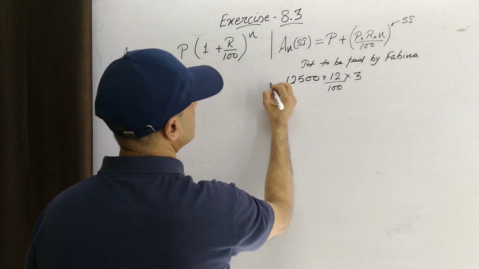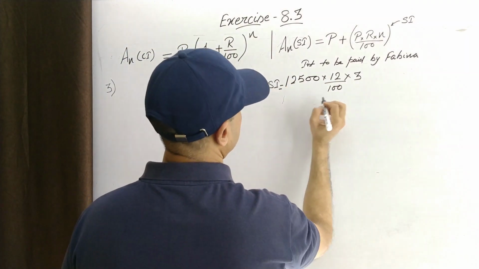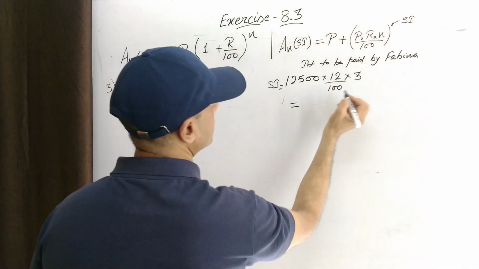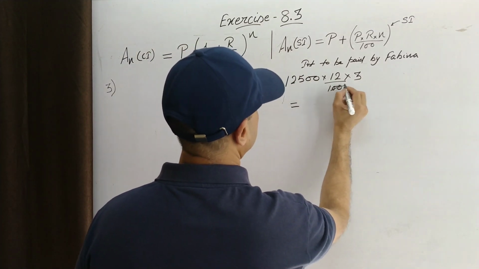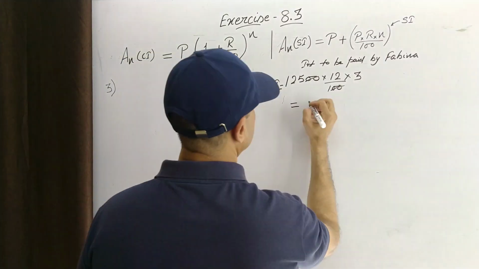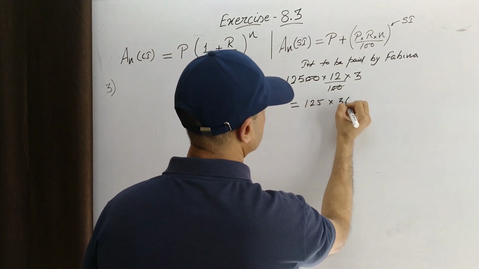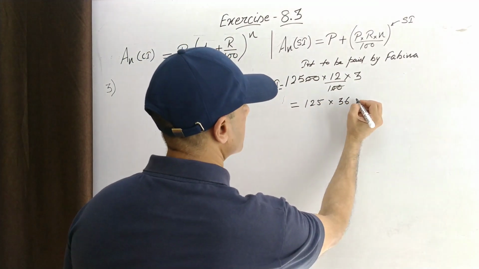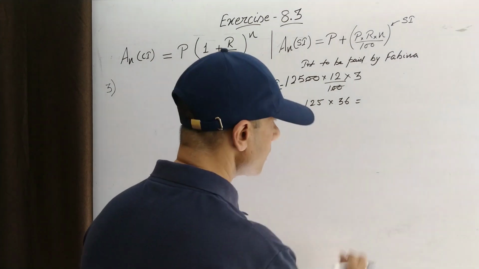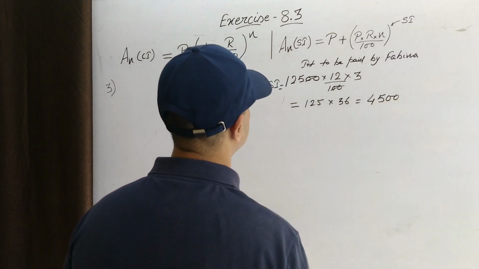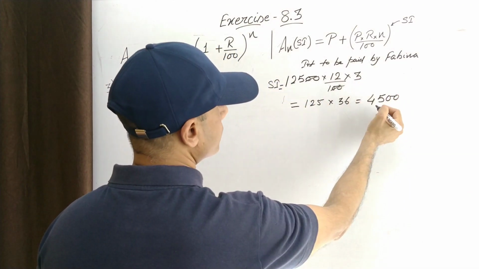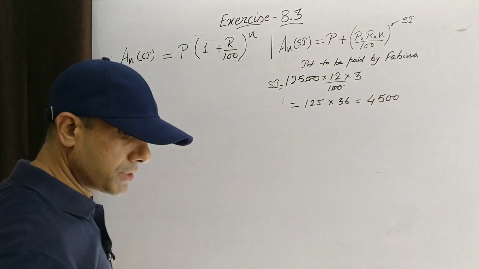So this is simple interest, and this we calculate as 125 into 36, and this equals 4,500. So Fabina has to pay 4,500 rupees at the end of 3 years.